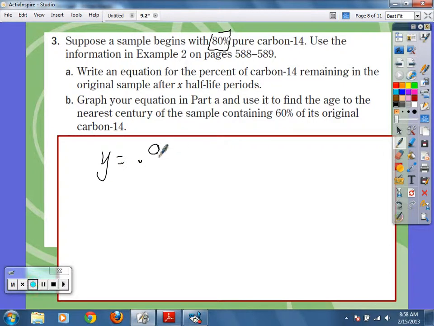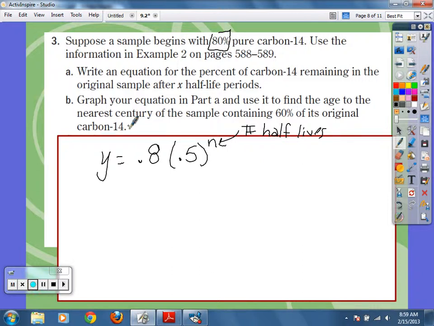We're going to say 0.8 is our initial condition, because we're going to be talking in terms of percentages here. So the initial condition is 0.8, and the half-life, so we're doing times 0.5 to the n, and I'm using n instead of x because that's number of half-lives. So this is going to be our formula. And I do think that was a little confusing because it didn't tell you the initial condition outright in grams, so that's where we're using that 80% from.